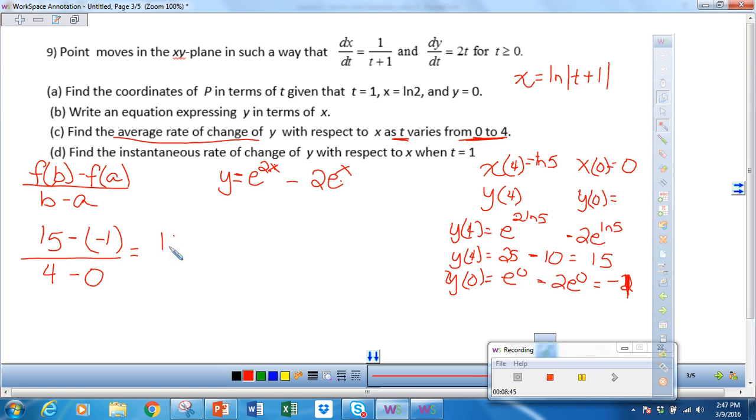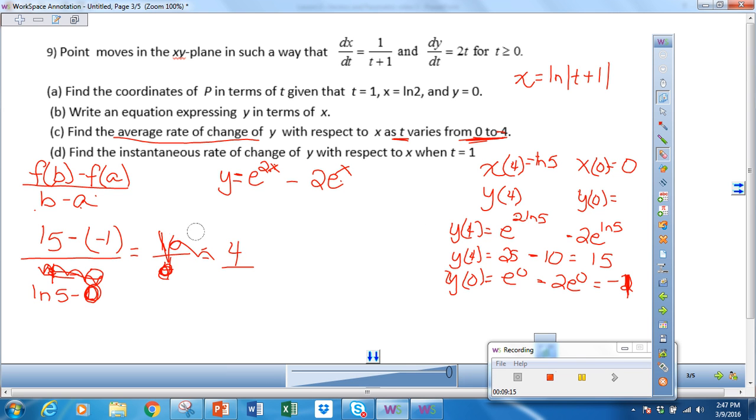So that is 16 over 4, which is 4. Actually, it's got to be x. These have to be x values, so we have to be very careful here because these are t values, but this has to be x values. So this would be the natural log of 5 minus the minus 0. So my answer is 16.